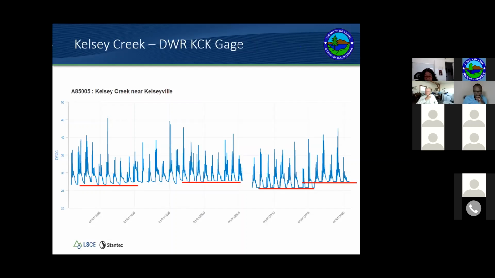In the beginning of the meeting, I think it was mentioned that we didn't have the complete data record for Kelsey Creek, and this is basically a snapshot from the DWR website about the gauge. Yes, it started from 1984 all the way to 2020, but I think we need to go back and check with DWR, because it seems like there is a problem with the gauge.